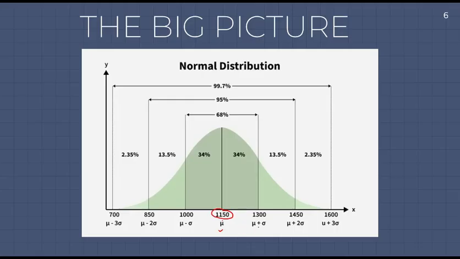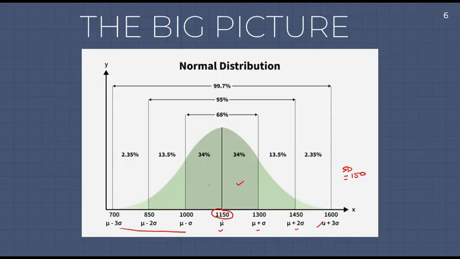So mean plus standard deviation, that is mu plus sigma, comes out to be 1300. Then mean plus twice sigma is 1450, and mean plus thrice sigma is 1450 plus another standard deviation. Remember, the standard deviation in this example is 150. So it increases by 150 every time, and on this side it decreases by 150 every time.